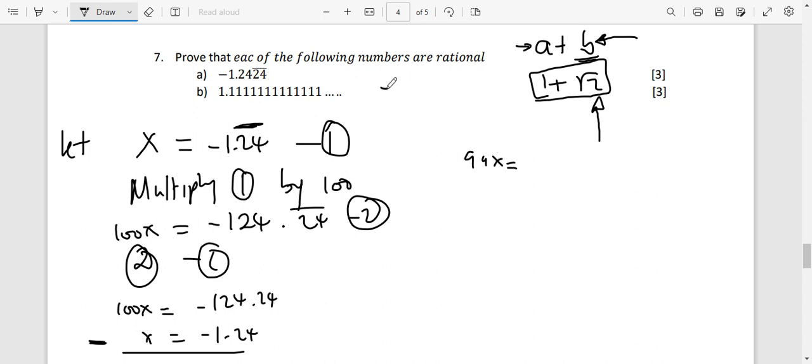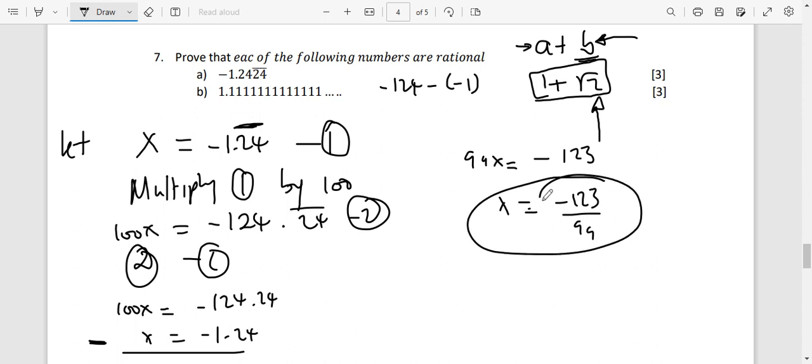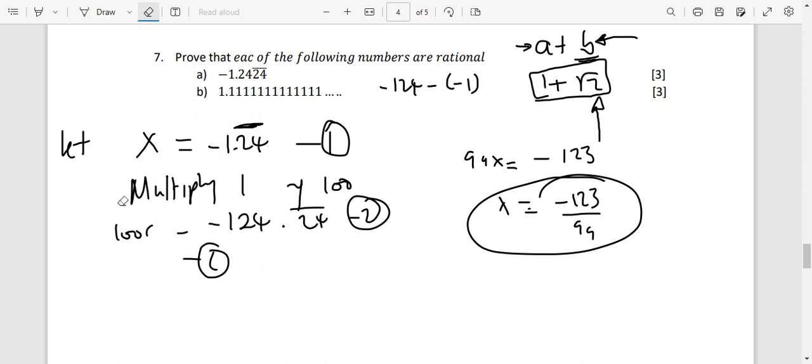And then we have negative 124 minus negative 1. This will give you negative 123. Therefore, x is going to be equal to negative 123 divided by 99. That is going to be the answer. Hope it is not confusing. Otherwise, where a negative is involved, people go in wrong ways.